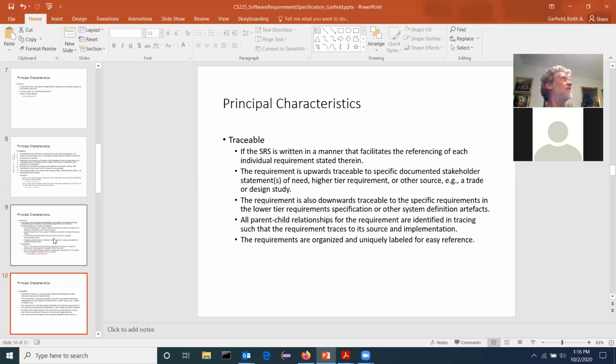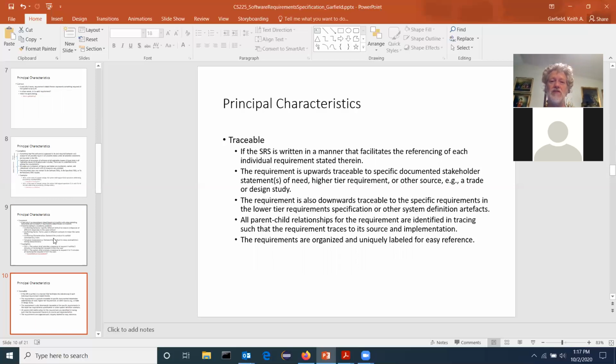And then for each user story, you create some requirements. Why is that requirement there? Well, it's because of that user story. Why is that user story there? Because it addresses this customer need. So we can trace backwards to say where we got the requirement from. If anyone asks why that requirement is there, we can trace backwards and say it has to be there to meet that user story. Why is that user story there? It meets this customer need.